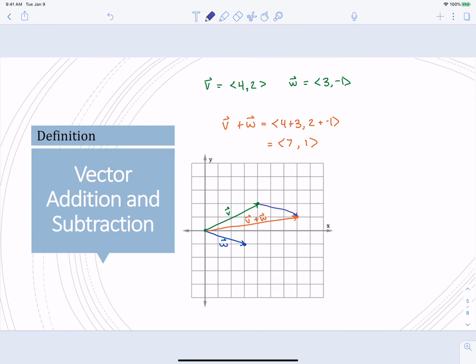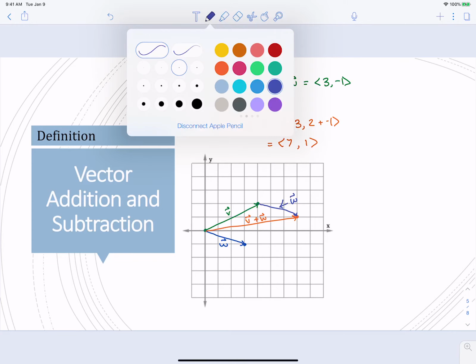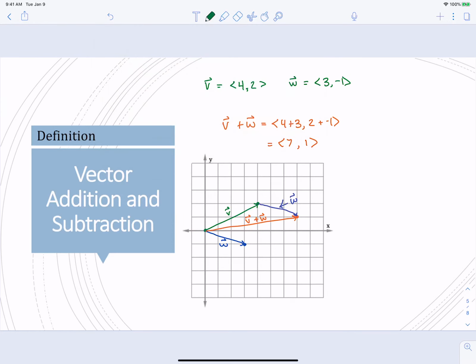Notice that this vector right there is parallel to vector w. It's got the same length and the same direction. Similarly, if we go this direction, this is parallel to vector v. Notice we make a little parallelogram when we add those two vectors.